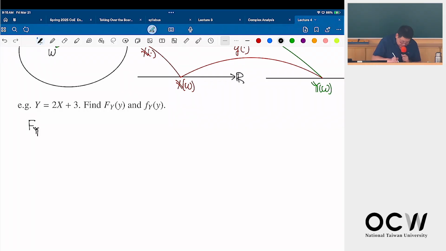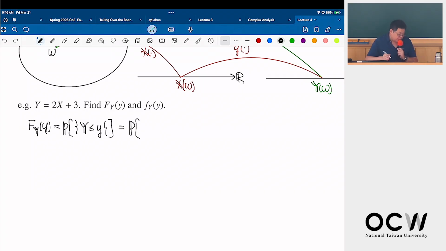So F of y, what is the CDF of y? According to the definition, CDF is the probability that the random variable y is less than or equal to some point. Here we just say lowercase y. And what is random variable y?